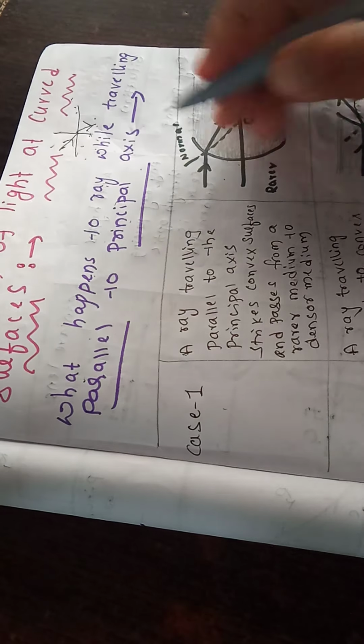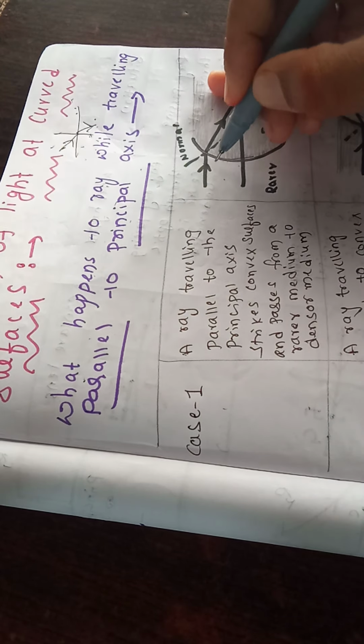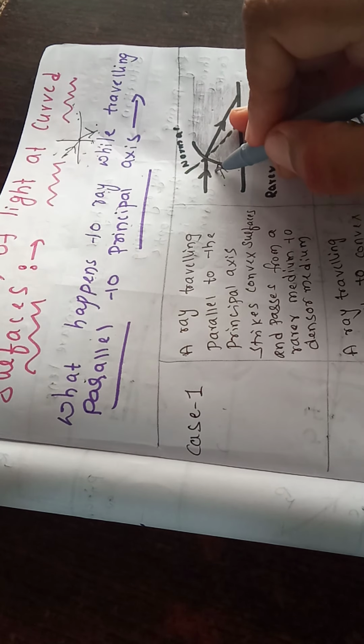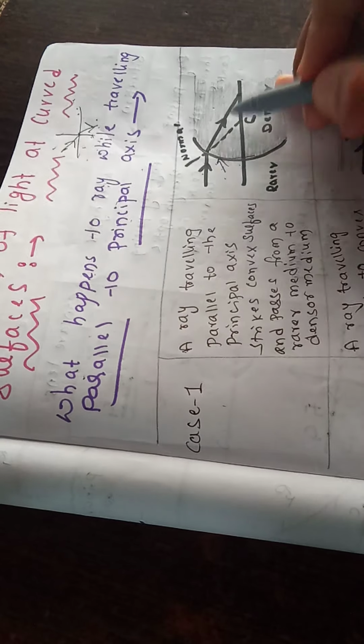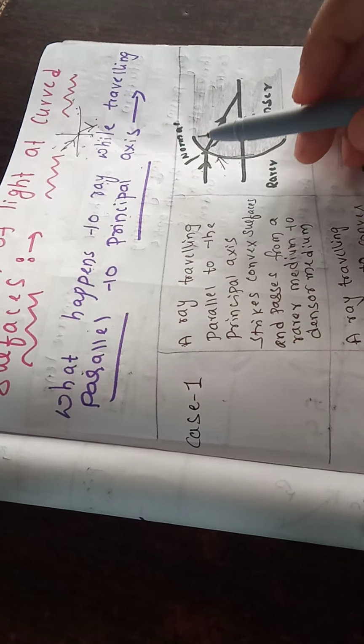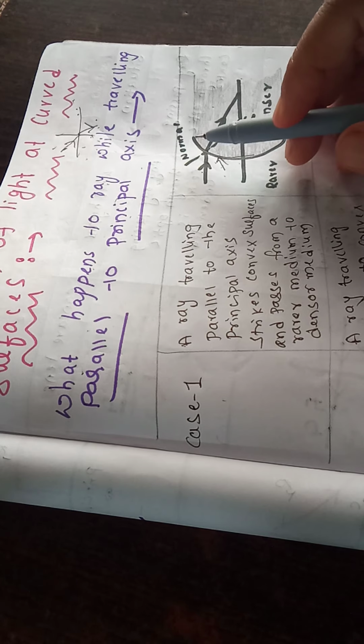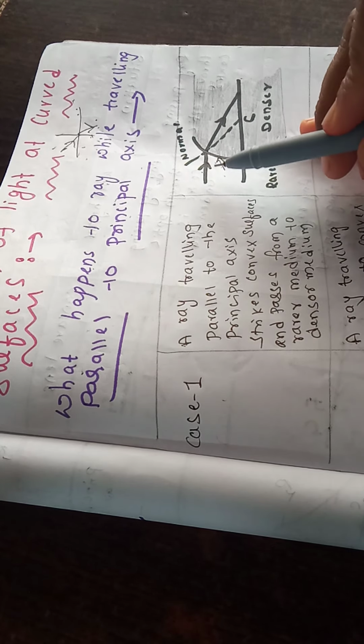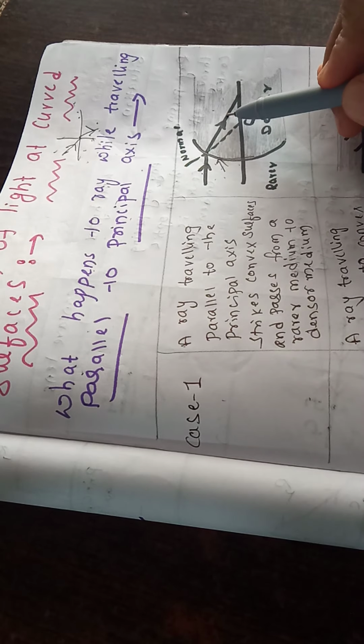When it strikes the convex surface, a ray travelling parallel to the principal axis strikes the convex surface and passes from rarer to the denser medium.